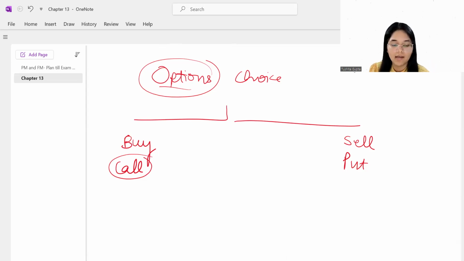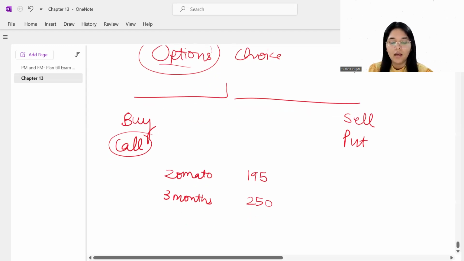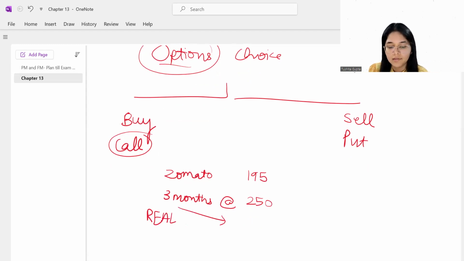Let's continue with the same example. Zomato, the price is 195 today, and I've got a buy option, a call option. 3 months from now, I can buy this share at, let's suppose, 250. So this is the option that I've bought. Now what happens in real life 3 months from now? The real price is only 200.